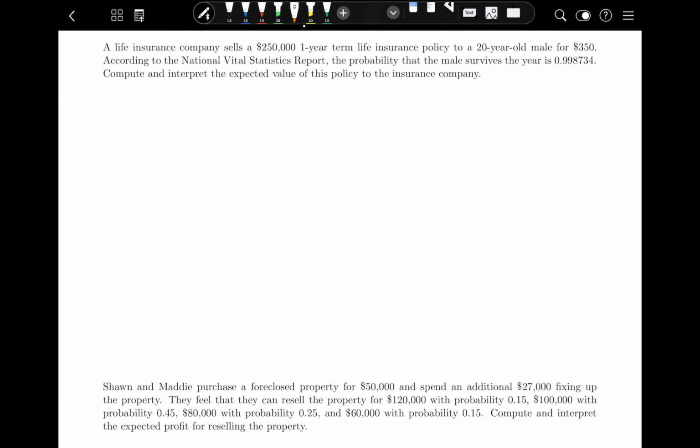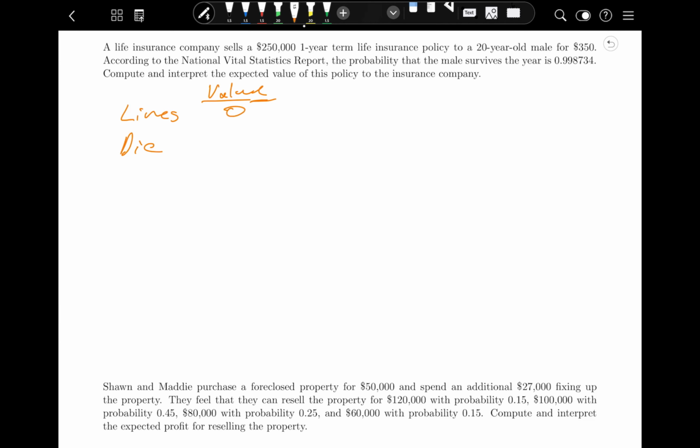Okay, so for the insurance company, there are 2 outcomes, right? Either the person lives or they die. The value to the insurance company, if they live, is nothing happens, right?